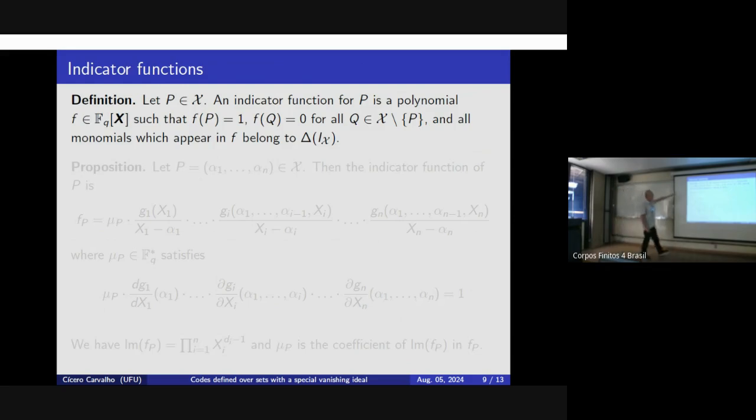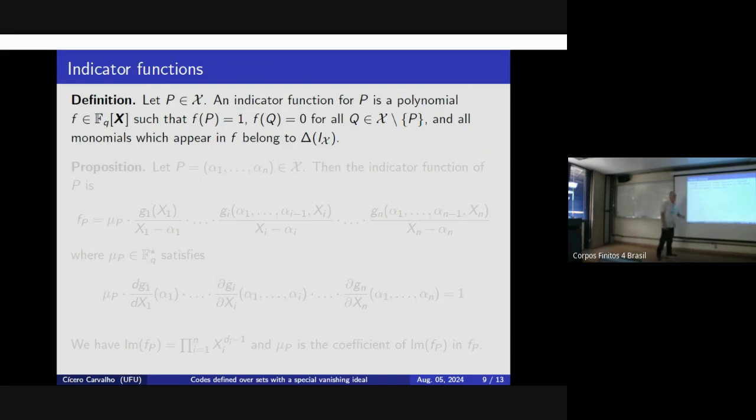An indicator function for a point P is just a polynomial which evaluates to one at P and zero at the other points of X, and all the monomials which appear in F belong to the footprint. This last condition is not really a big deal. So this is the definition of indicator function.